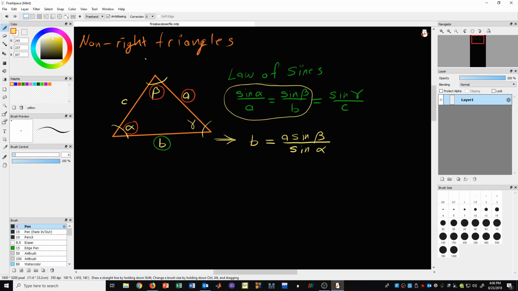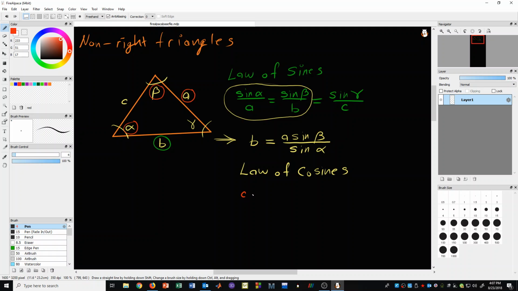Another way to tackle non-right triangles is to use the law of cosines. In this case, the formula or expression looks like this. We could write it in the following way.